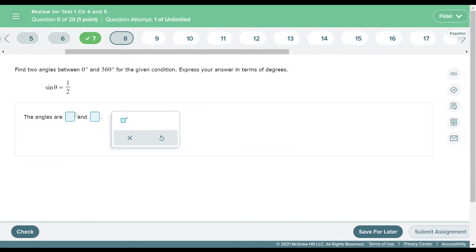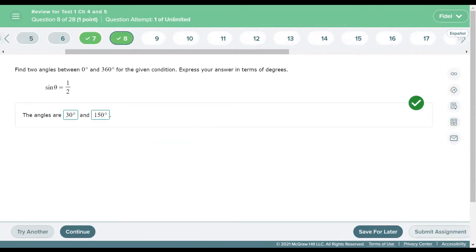Then I'd come back over here and I would say, I guess I have to use this chart, don't I? 30 degrees and 150 degrees. And we'd check, and we'd have it done. It'd be a lot harder to do otherwise, right? That's the whole point of the chart, right?